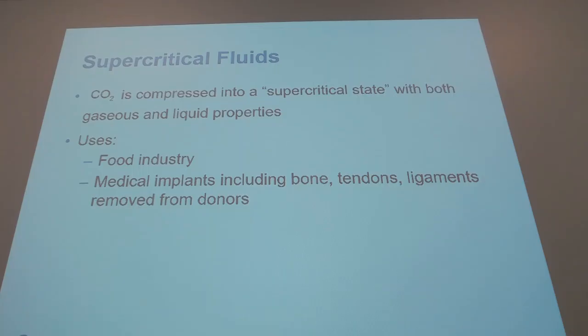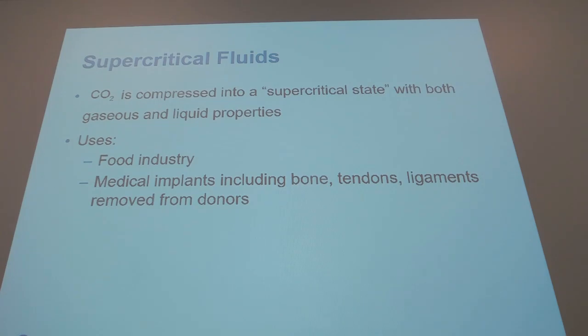And then we have supercritical fluids that are similar to plasma, but in this case it is basically CO2 that is compressed into where you have gaseous and liquid properties.